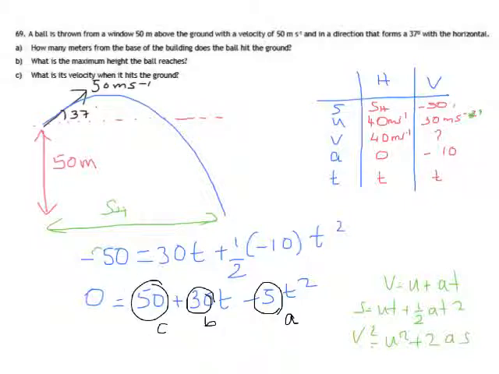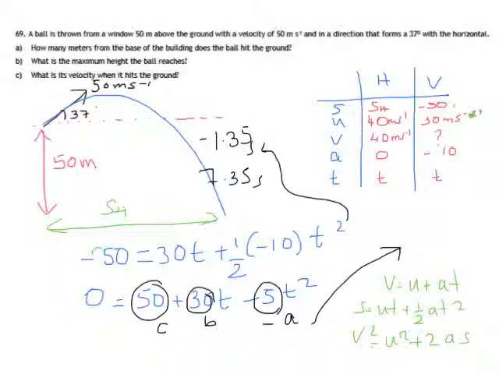You plug those values into that formula, and don't forget, of course, that this a is minus. You end up with two results: either minus 1.35, which is nonsense because you can't have minus time, or 7.35 seconds. So in this situation, where you use the quadratic equation to find t, you disregard the minus number. So it gives you 7.35.